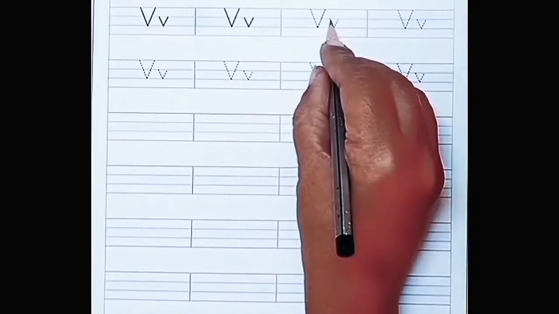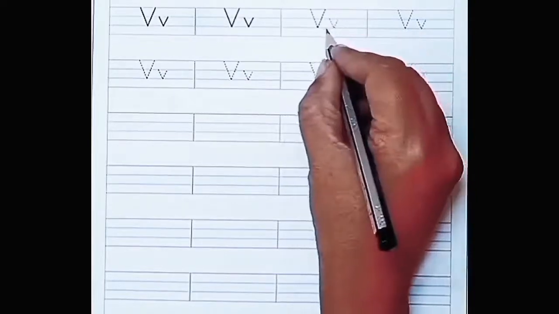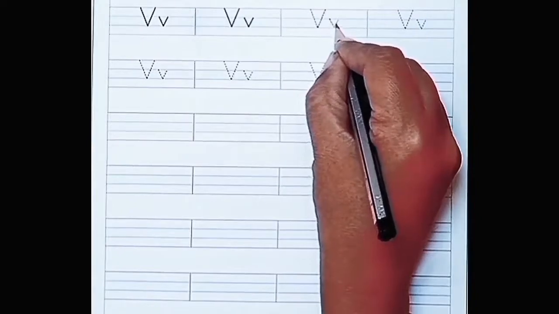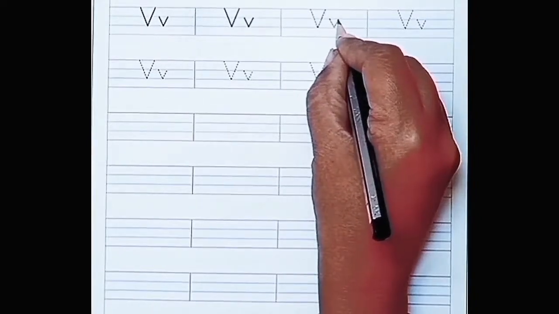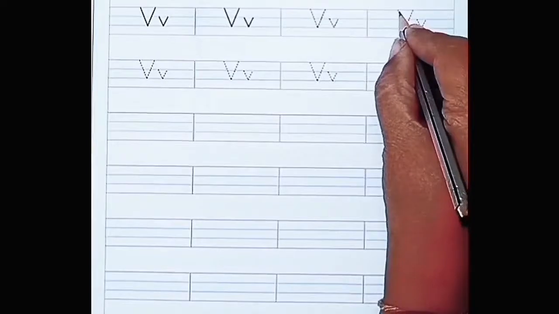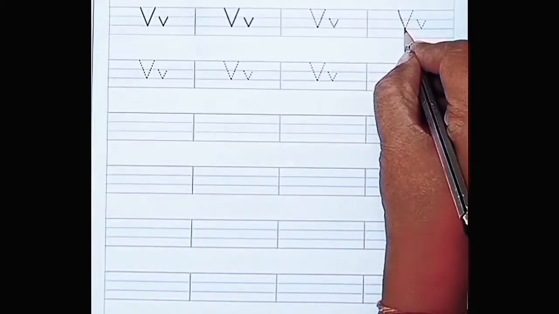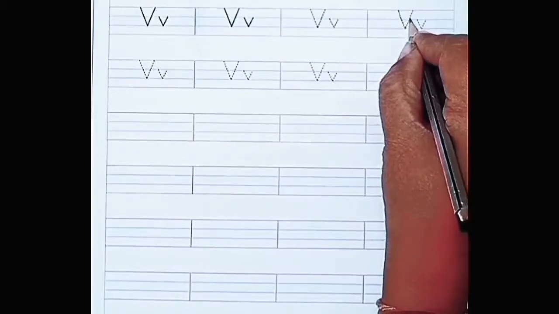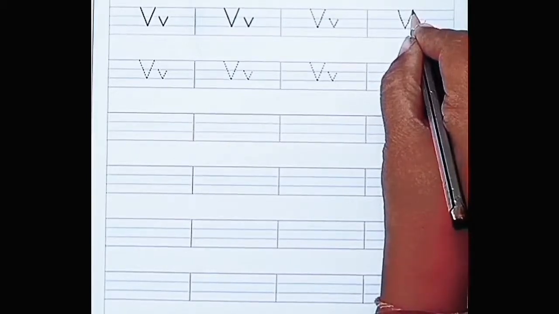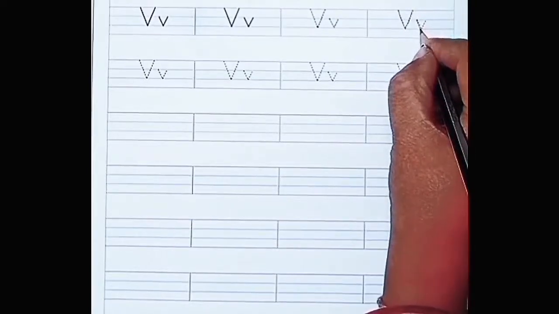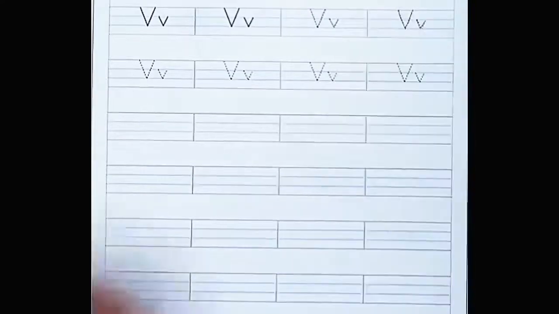Small v we have to write between two blue lines. First blue line, slant line, touch the second blue line, go up, touch the first blue line. Again, first red line, slant line, touch the second blue line, go up, make a slant line, touch the first red line. First blue line to second blue line, slant line, go up, touch the second blue line.